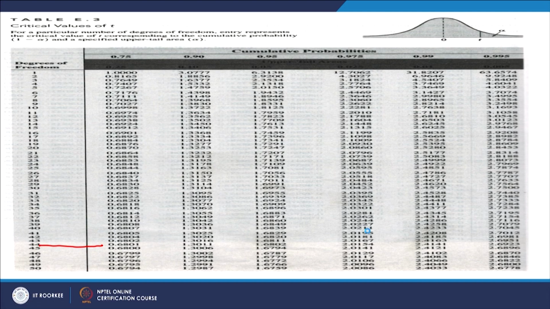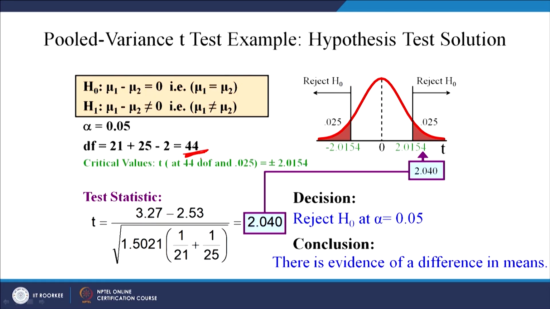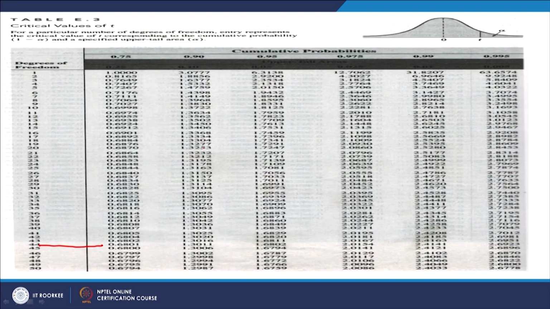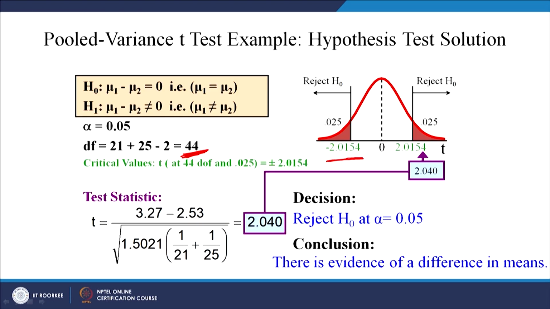Let us look once again at 44 degrees of freedom, 2.01, this is the one. These are your critical table values, minus 2.0154 plus 2.0154.